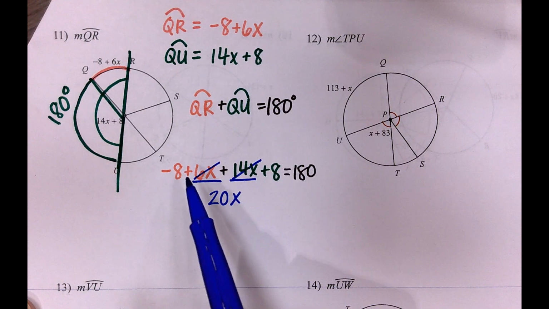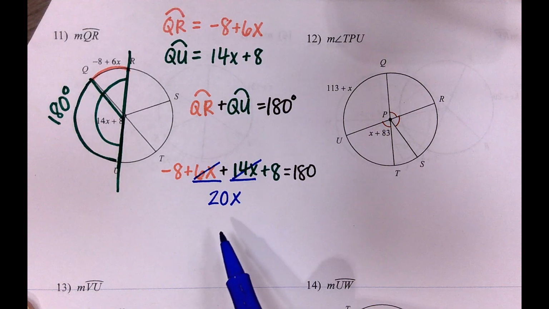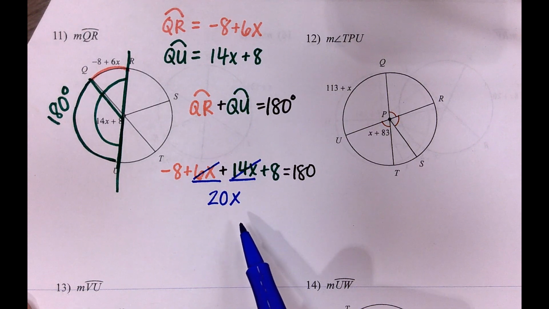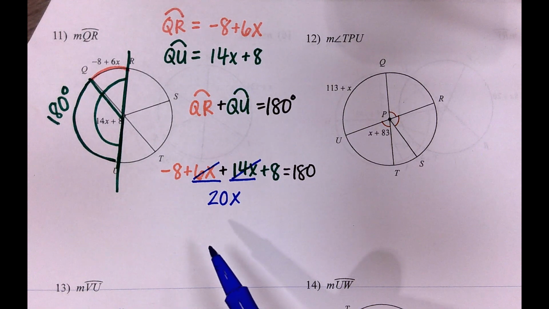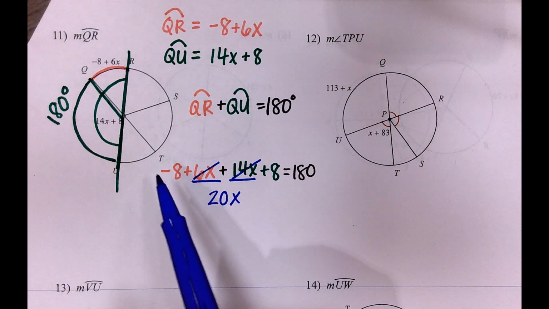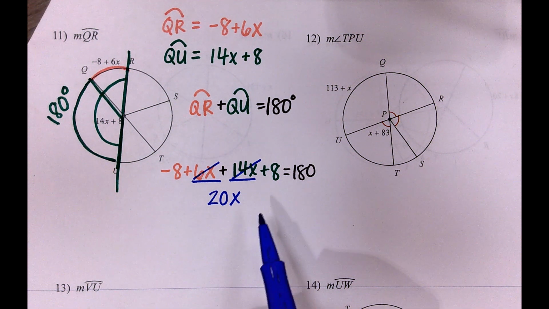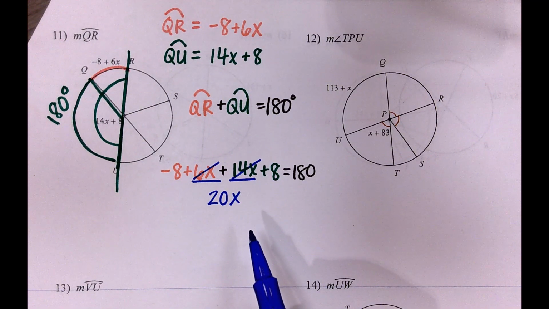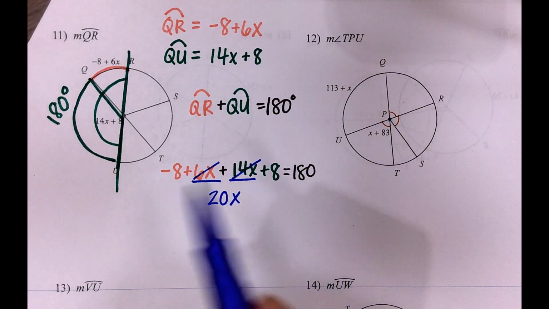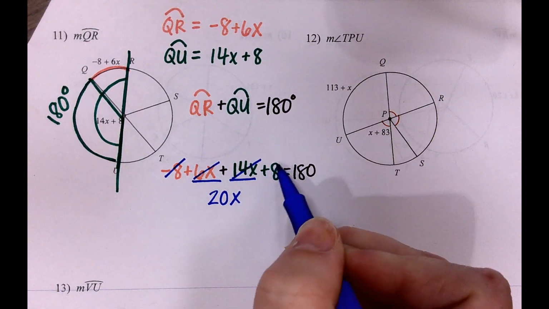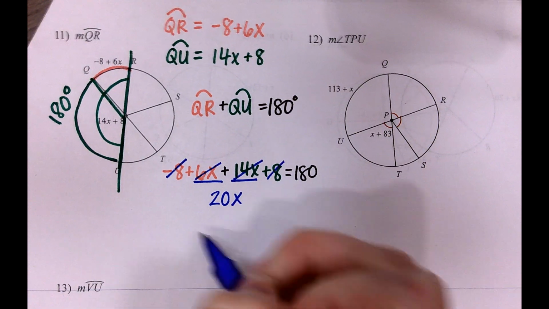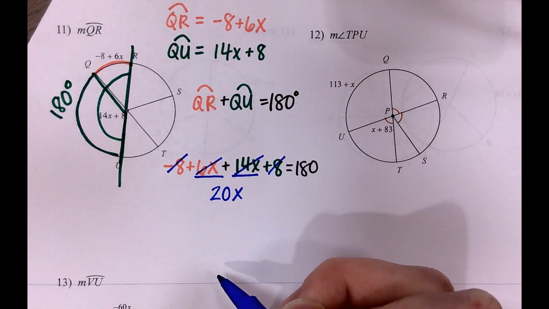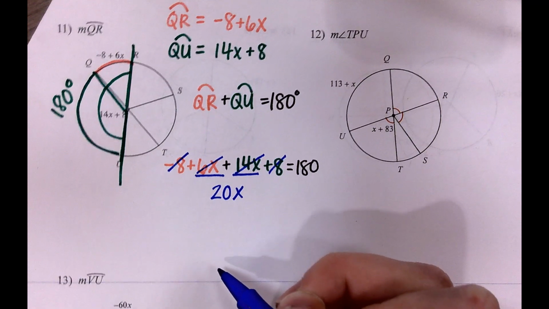Would it make sense for me to bring that down and write +0? It would make sense, because that's what happens when I add -8 and +8. But it's an extra step that you don't necessarily need. If you don't feel comfortable saying that they just cancel, you can absolutely bring down +0, but you do not have to.